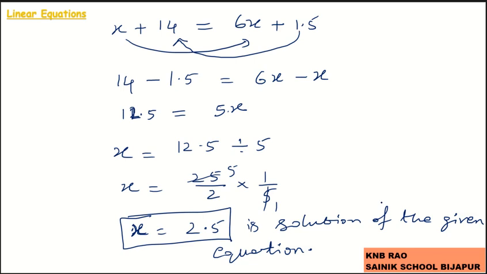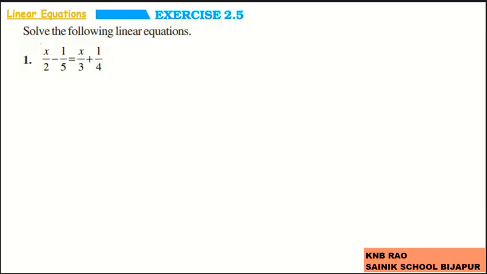Example number 17. Now, coming to the exercise 2.5 questions. See children, when there is fraction, we need to get rid of this fraction.